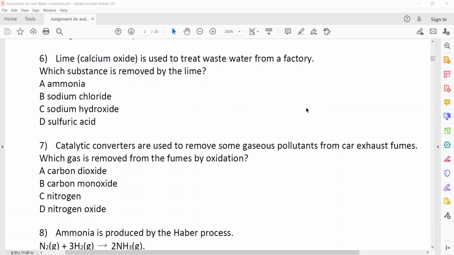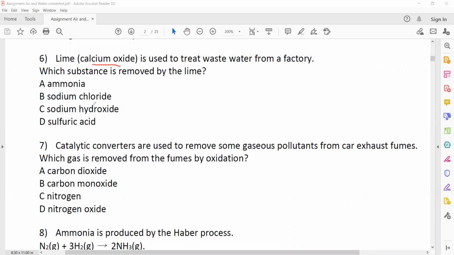Question 6. Calcium oxide is a metal oxide.